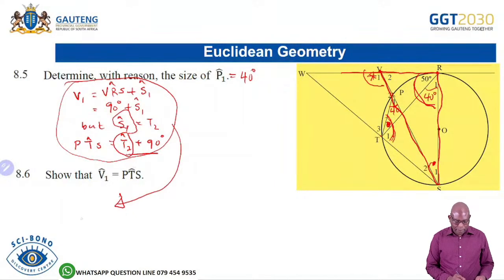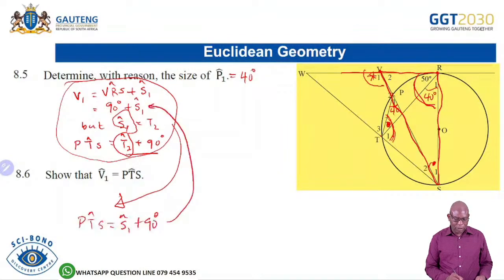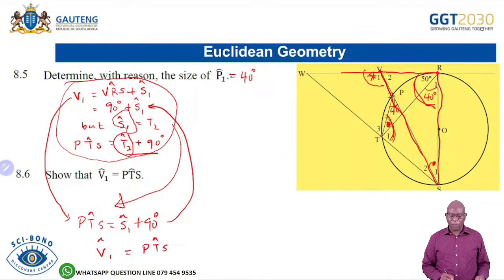So meaning that my PTS will be equals to S1 plus 90. If I check this and that, it will be the same, which means that V1 and PTS will be equal. So we have V1 will be equals to PTS. Okay. So now angle PTS equals to T2 plus 90 there, and then from there we know that T2 is equals to S1, and then we can work out that one backwards.